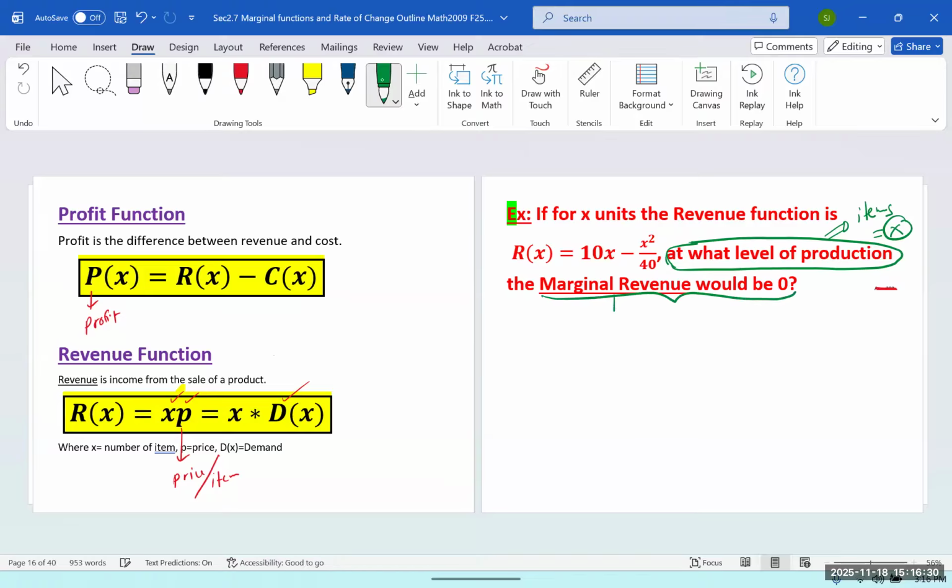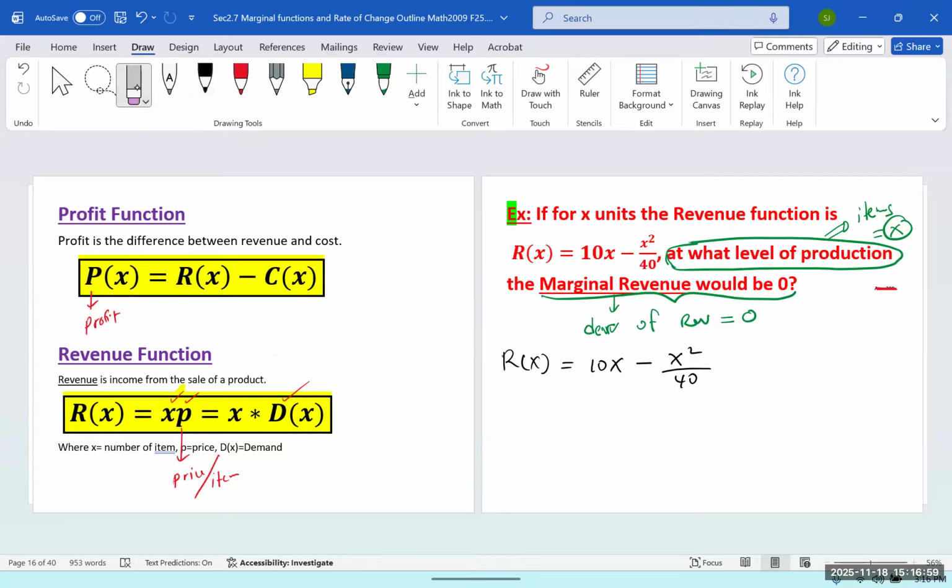So what is marginal revenue? Derivative of revenue. So marginal revenue would be 0, means derivative of the revenue would be 0. So they give us the revenue function. R of X equals 10X minus X squared over 40.